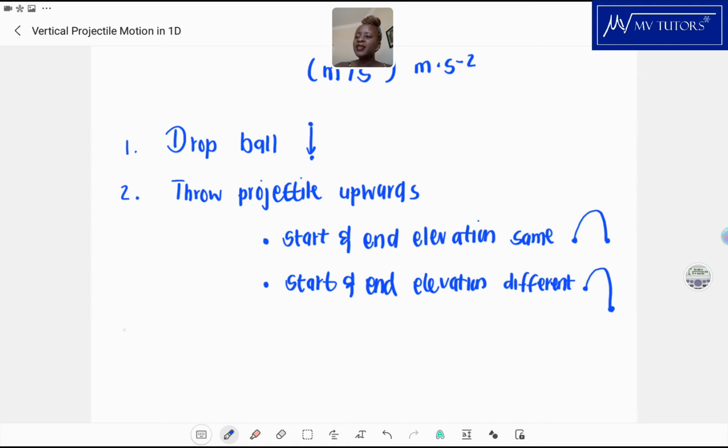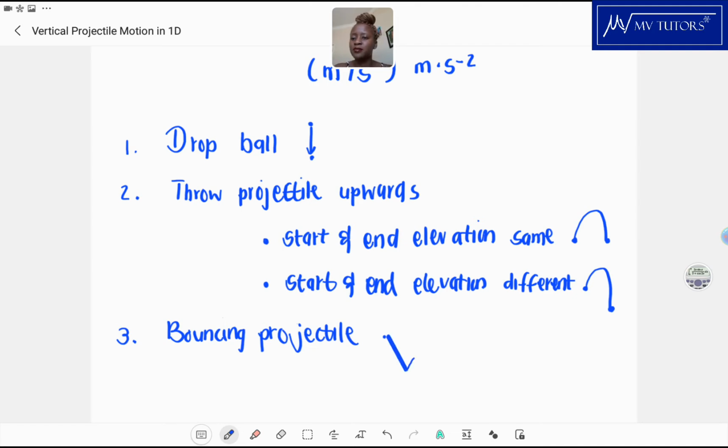All right, and then the third scenario is when you have a ball or projectile that bounces. Okay, here let's just stick to a ball because a stone doesn't bounce. Well, it can bounce depending on how much of a force you used initially. Okay, so you have a bouncing projectile. Okay, so it could have dropped and then bounced.